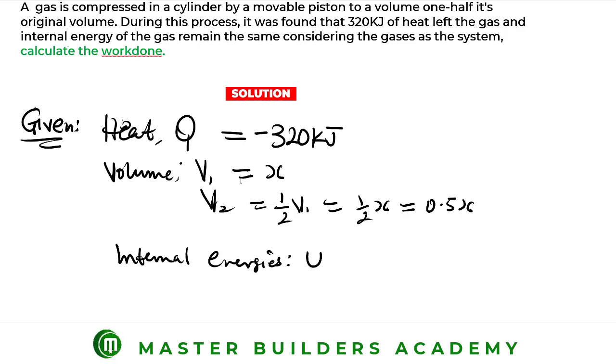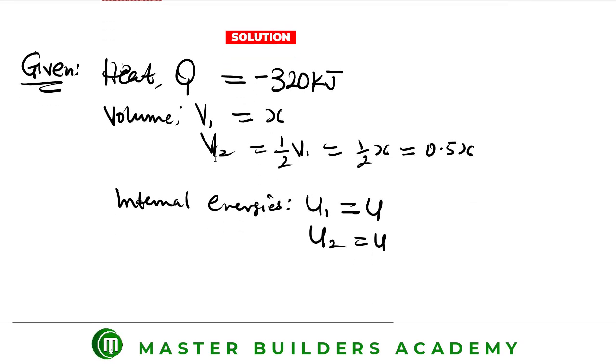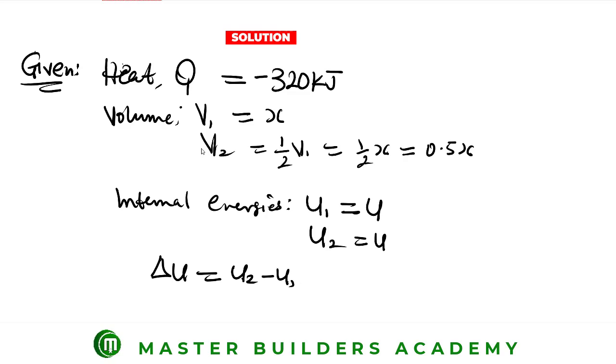Okay, now U1 is equal to U, and then U2 is also equal to U. This is what it means to be constant. So now what do we need to do? We just need to recall that change in internal energy is equal to U2 minus U1, which is U minus U. And then change in internal energy is equal to 0.